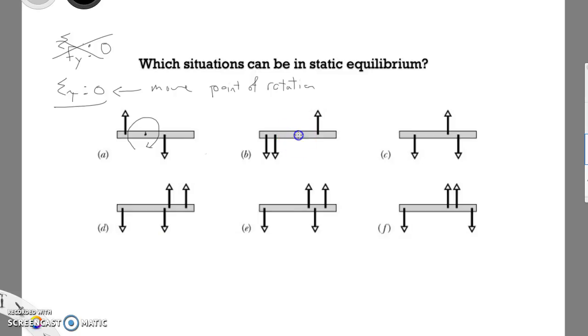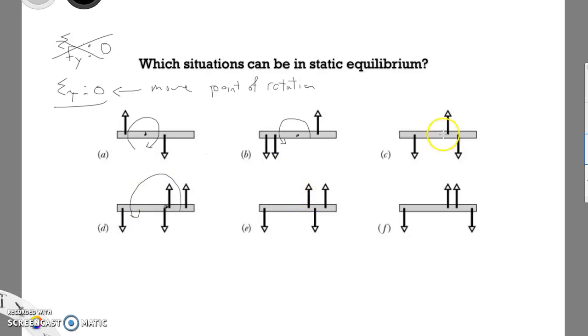If I draw a point right here, this system is going to rotate counterclockwise. Now you could imagine a scenario where you drew a point here where it wouldn't rotate, but all I have to do is find one point where I could show that it would. If I draw a point right here, this system is now going to rotate counterclockwise.